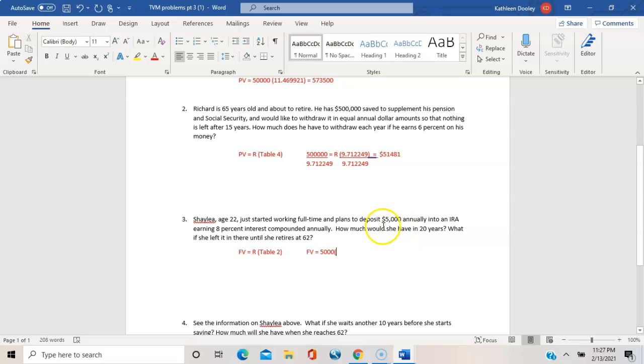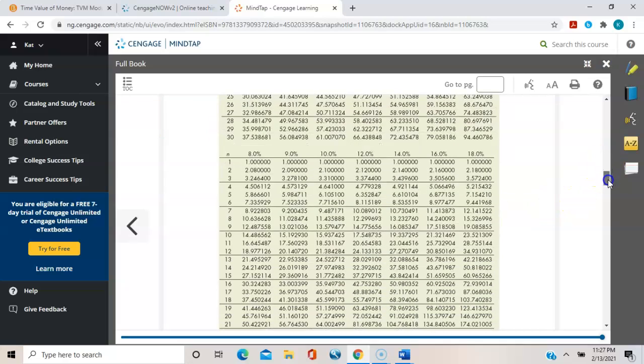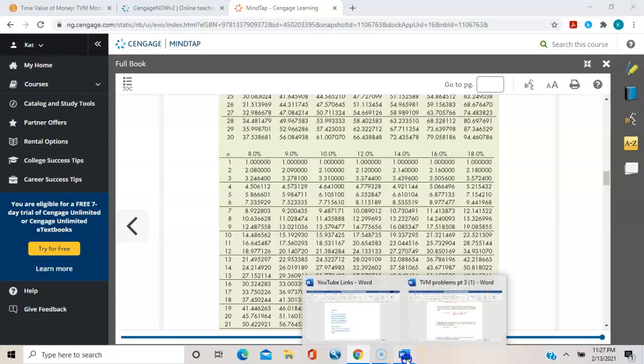That was 8%, 20 years. Scroll down. Here's the 8%. Here's 20 years. 45.762 roughly.